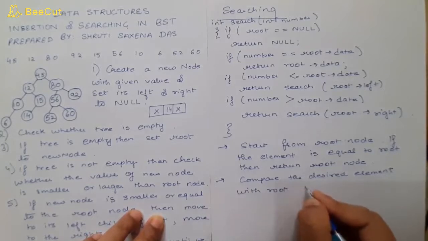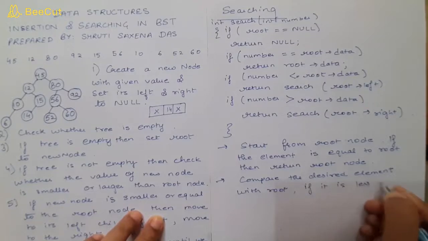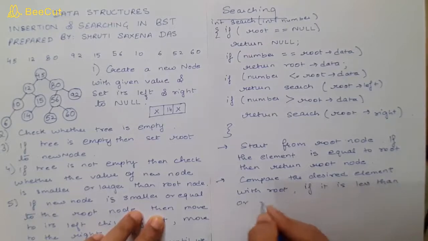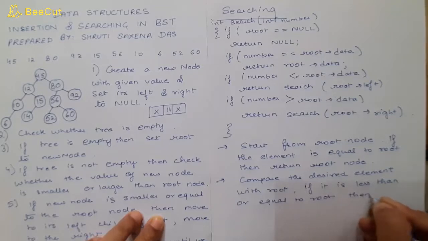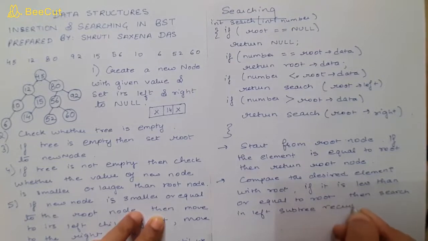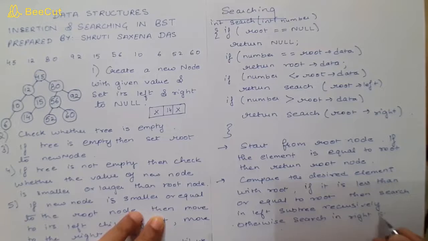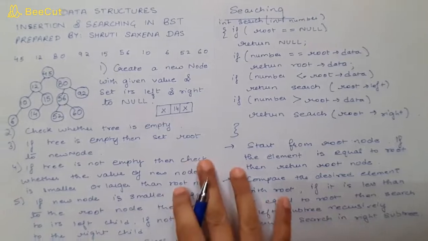If it is less than or equal to root, then search in left subtree recursively, otherwise search in right subtree recursively.